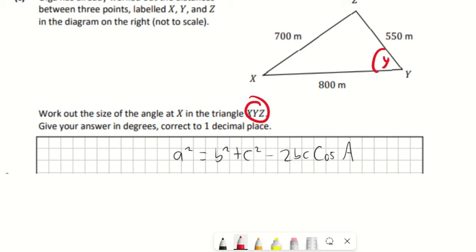So therefore, Y has to be this angle here. So therefore my side A has to be the 700. So it's 700 squared equals, and then the B and the C, they're the ones that are beside the angle. So this one and this one here, so the 550 and the 800.